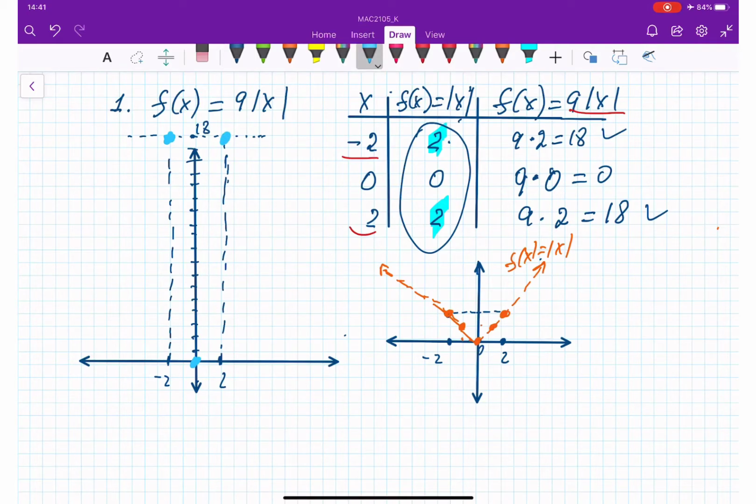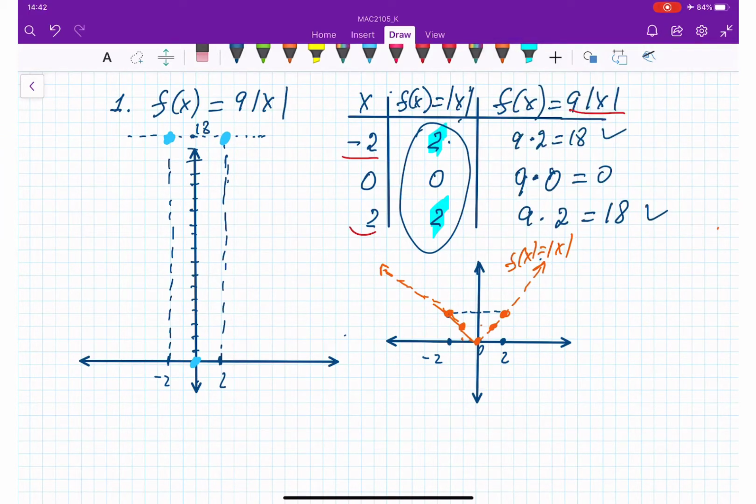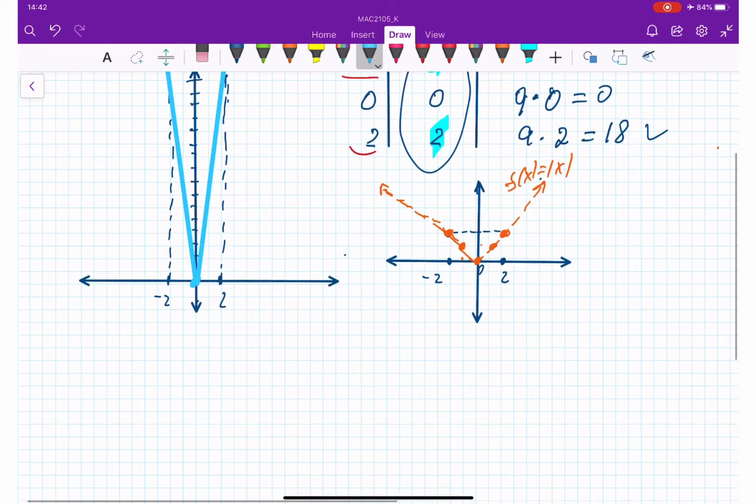So the graph is going to look like this, and then another one. Okay, and it has to be symmetric. Oh, looks symmetric. And this is our graph. Next one.